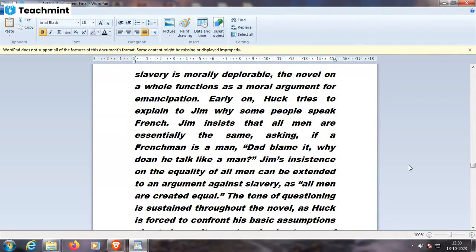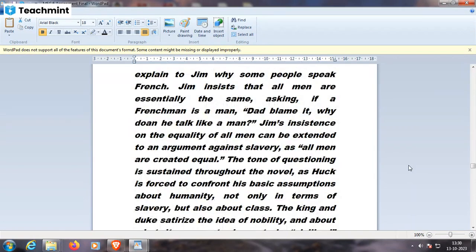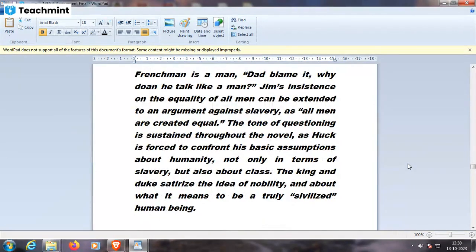The tone of questioning is sustained throughout the novel, as Huck is forced to confront his basic assumptions about humanity, not only in terms of slavery, but also about class. The king and the duke satirize the idea of nobility and raise the question of what it means to be a truly civilized human being.